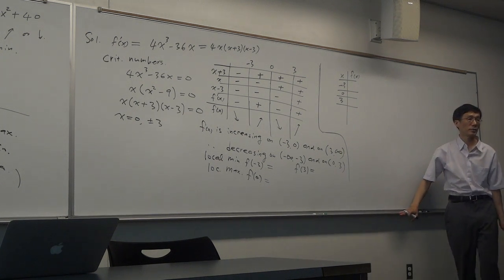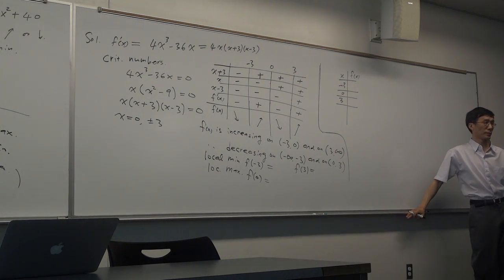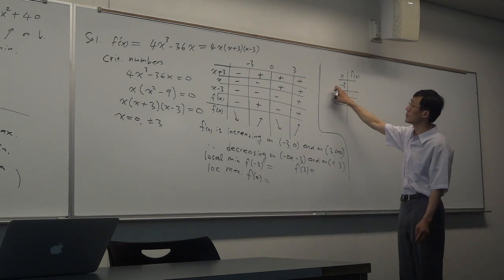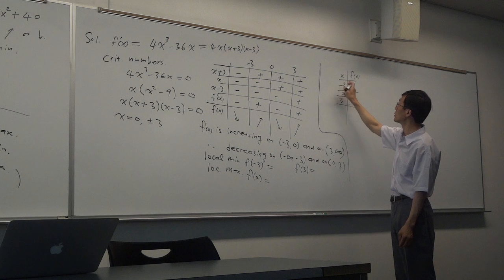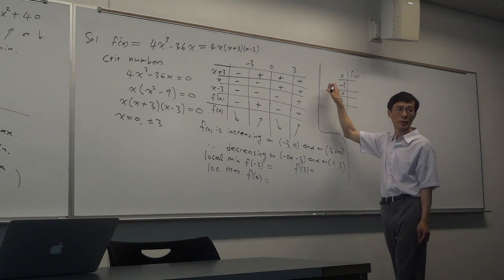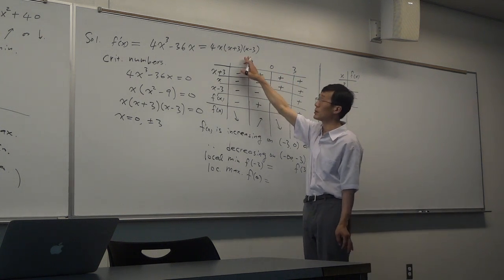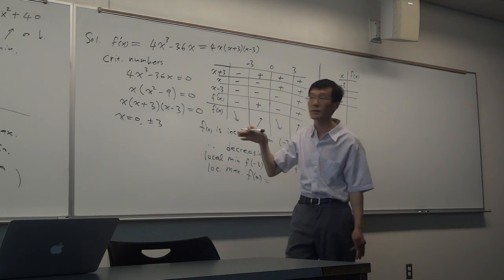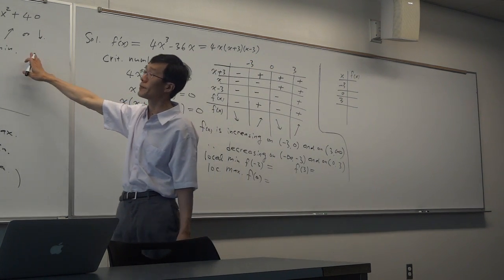That's optional. All right, x equal to -3, which one do you want to plug into? You want to plug into f of x, not this one, not the f prime. Some people make that kind of mistake. So you have to plug into this one.